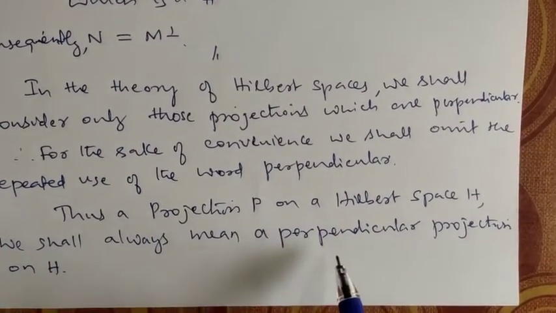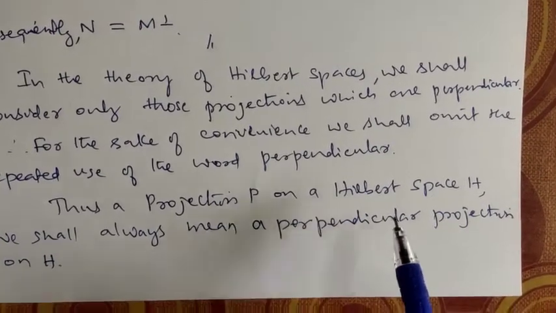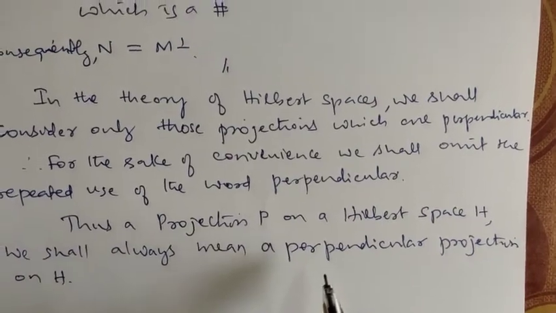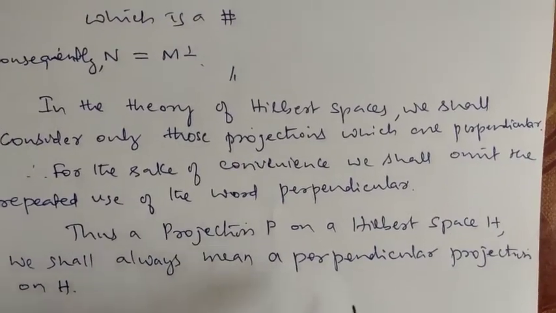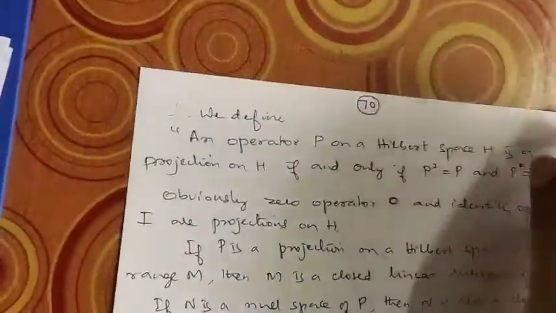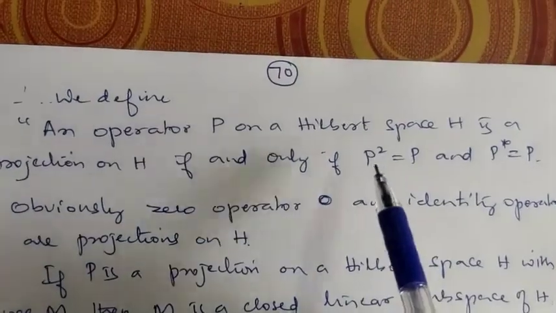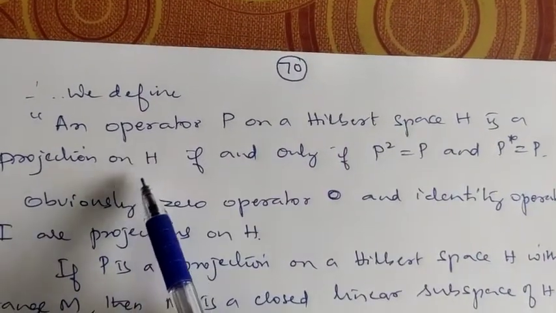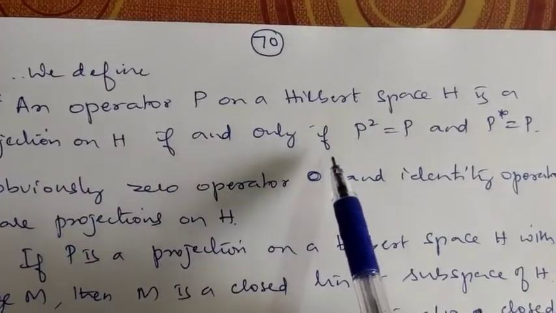We just say P is a projection on Hilbert space, and it is understood that it is a perpendicular projection. Therefore we define: an operator P on a Hilbert space H is a projection if and only if, what is the condition?